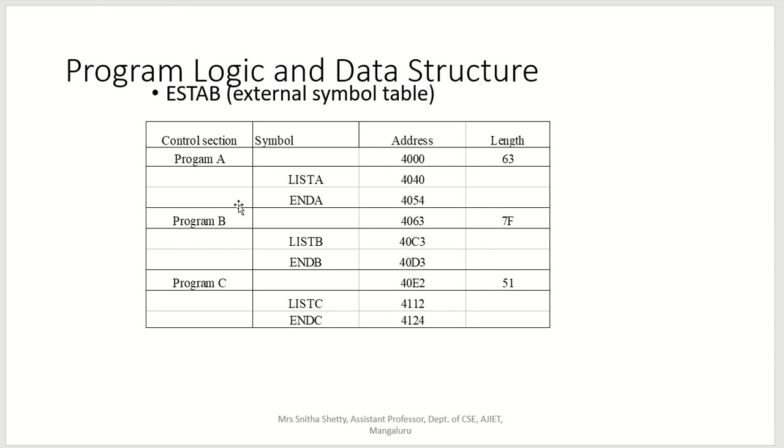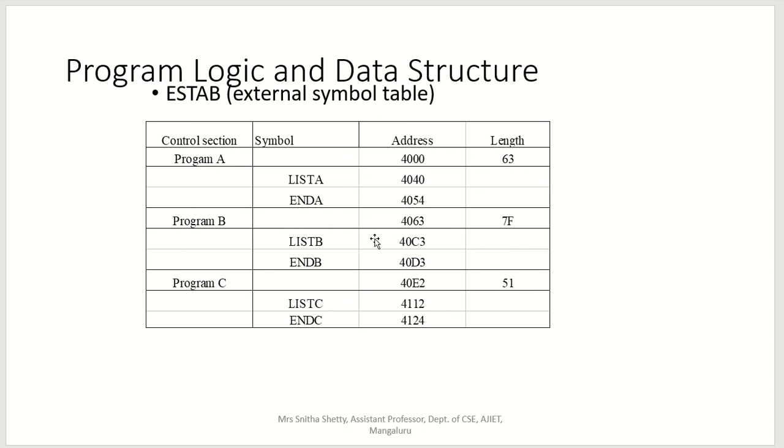See list A, it was 0040. How do you get the address? You add 4000 plus 0040, which is 4040, right? List B address here is 0060, and program B begins with 4063, so for 0060 you will get list B as 40C3.